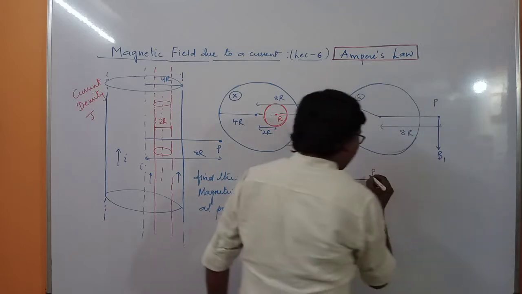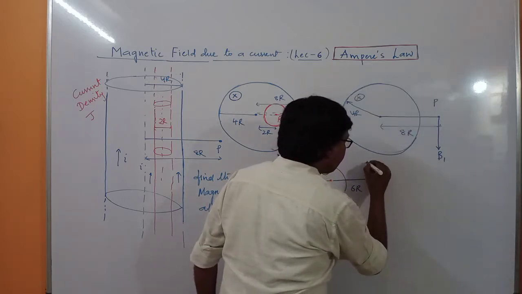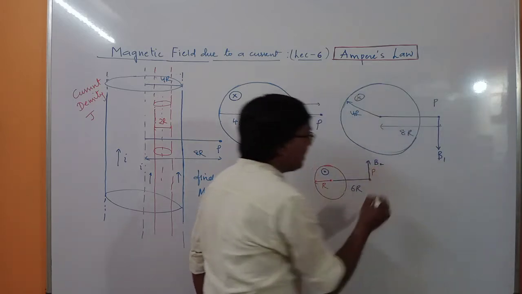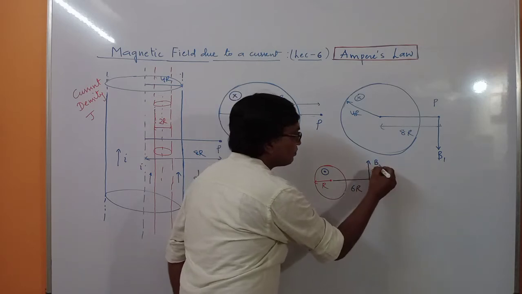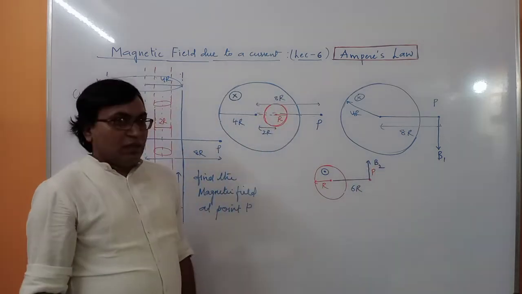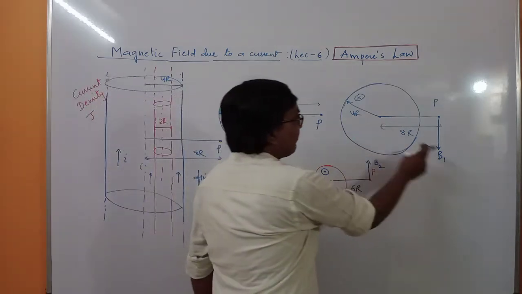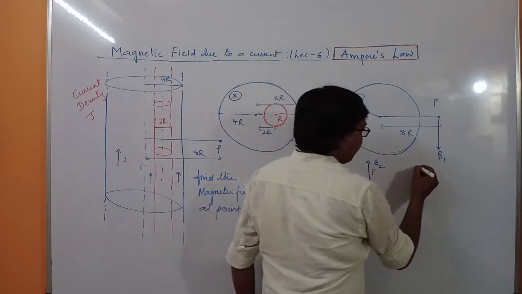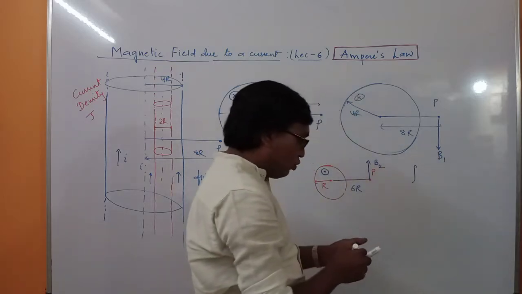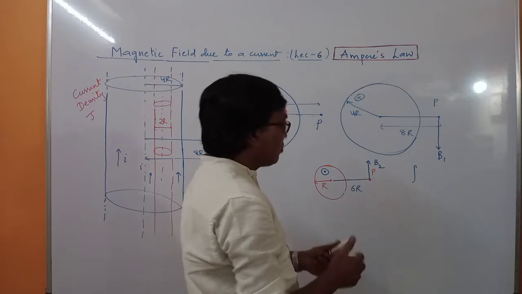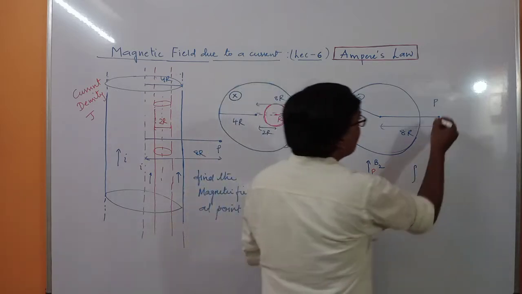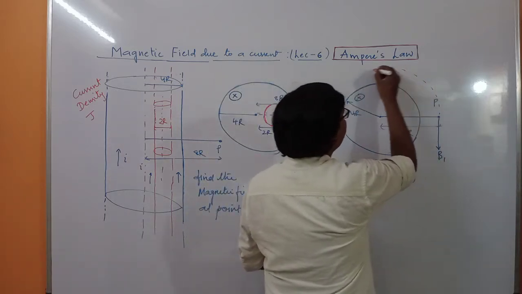Let us call this magnetic field B2. Now let us find out the magnetic field B1. So B1 integral. Our loop, that is the Amperian loop, will pass through point P of radius 8r.